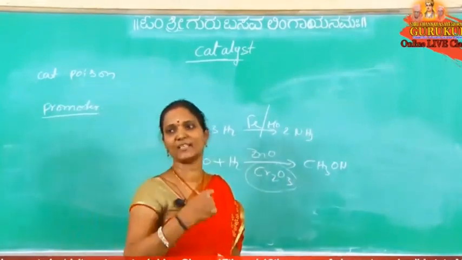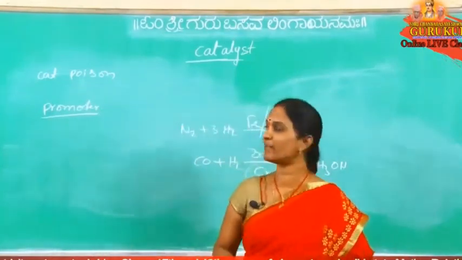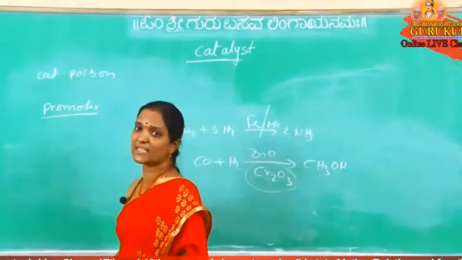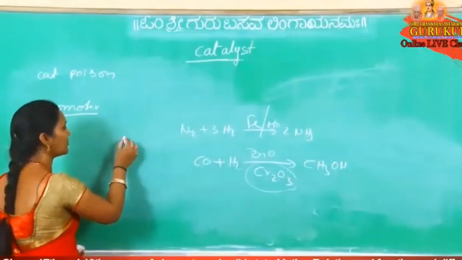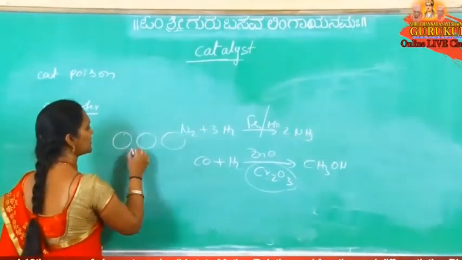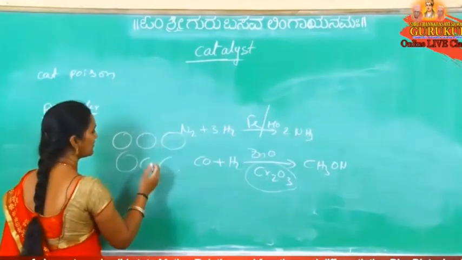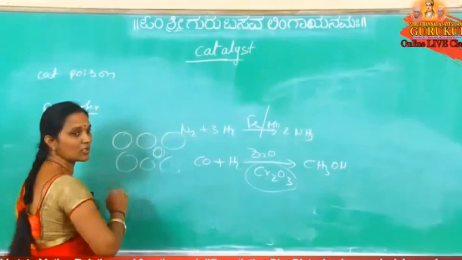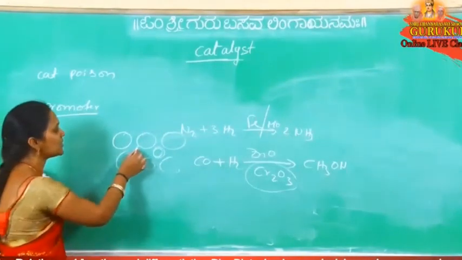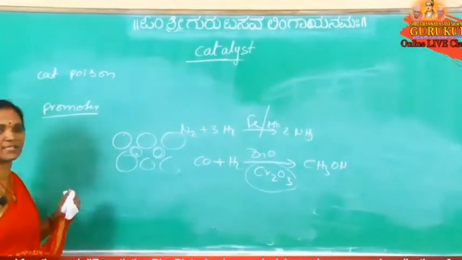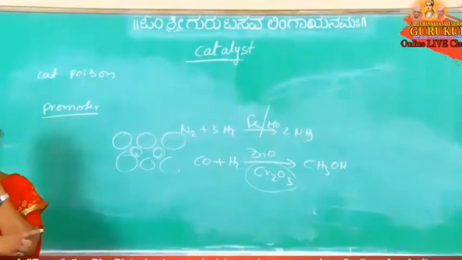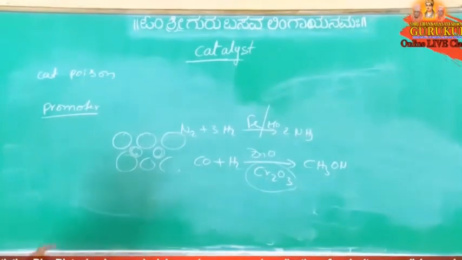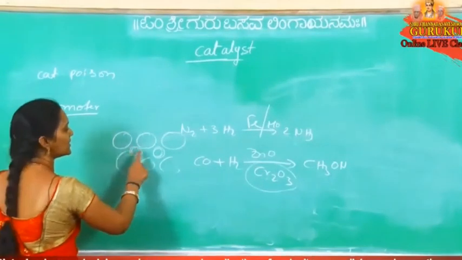So what is a promoter? What is a catalytic poison? Why does one increase and the other decrease? This reason is also important. Why does the promoter increase activity? In crystals with close packing, there are interstitial voids.